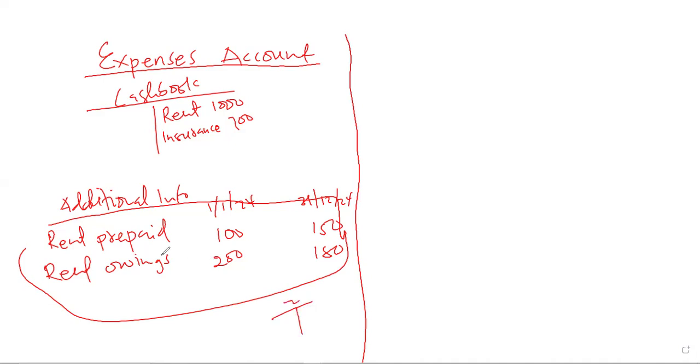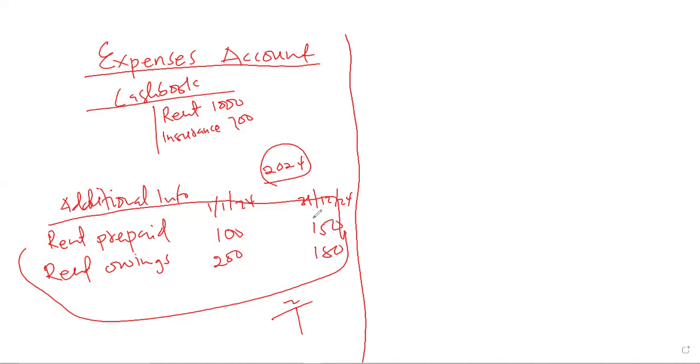Because there is rent paid in advance over here, and there is rent owings over here, which means the 1,000 cedis you are seeing in the cash book is not the exact amount for the year 2024. So there is a need for you to open an expenses account, that is the rent account, to make an adjustment to know the exact amount for rent, which is for 2024.